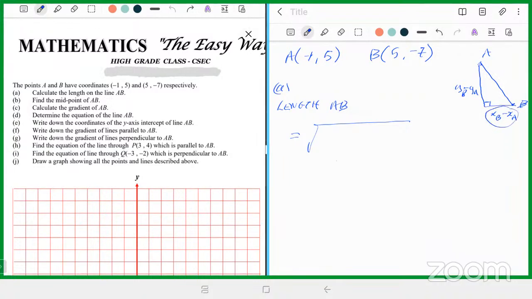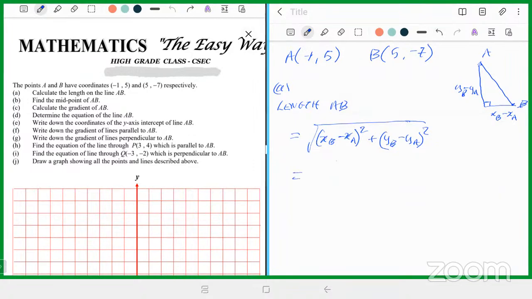This side is the difference in the x values. Let me write it out this time. xb minus xa can also be xa minus xb, doesn't matter, because you're squaring it, plus this side squared, which is yb minus ya. So what we say in the class, it is the difference in the x values squared plus the difference in the y values squared.